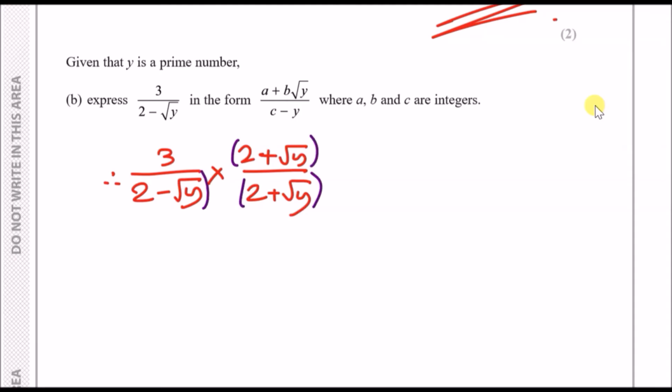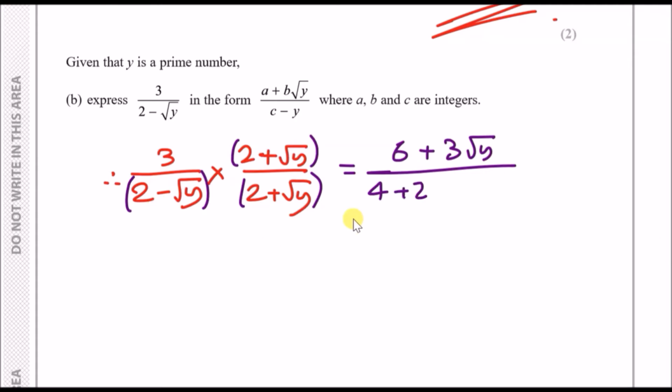On the top half, it's 3 times all of this. 3 times 2 is 6, and 3 times root y is 3 root y. Now as for the bottom, just multiply this out as if it was a double bracket. So you can do 2 times 2, which is 4. 2 times root y is just plus 2 root y.